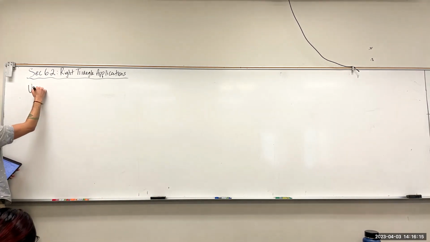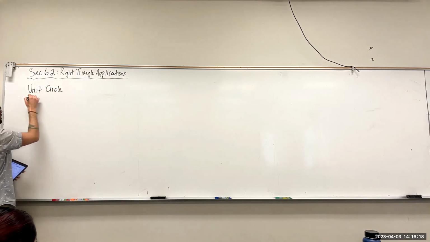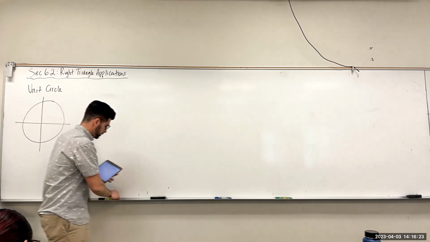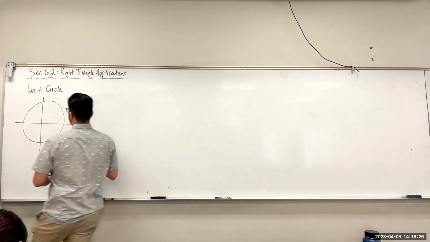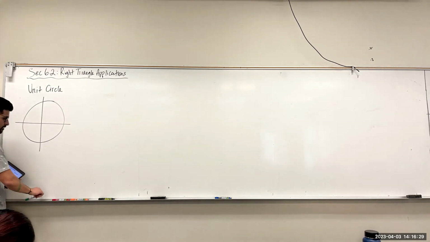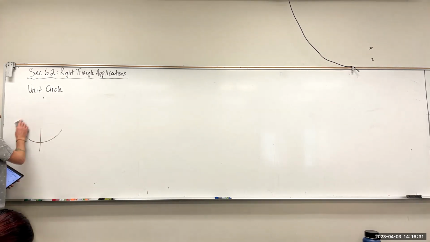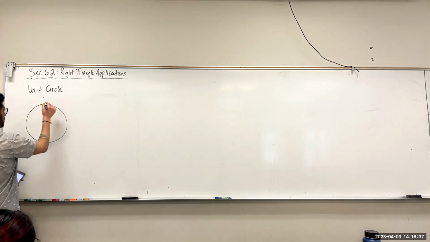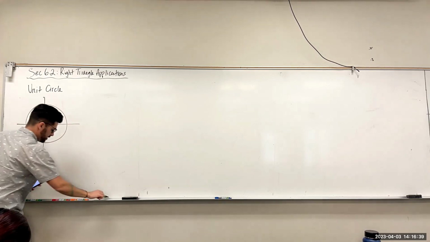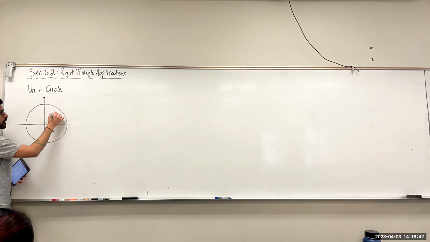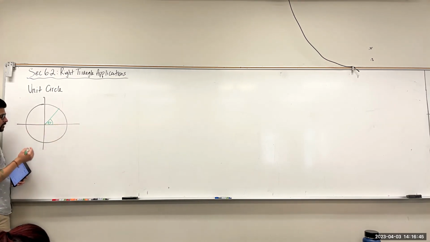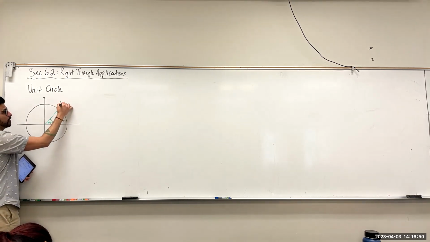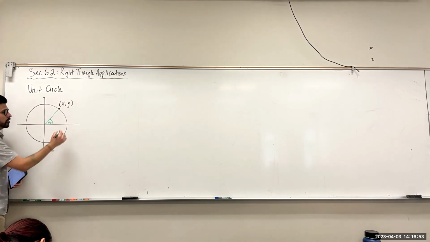So let's go off of what we know. We have our unit circle that you just filled out. We discussed how we rotate our radius by a particular angle theta, where we define sine and cosine to be these x and y coordinates on the unit circle.